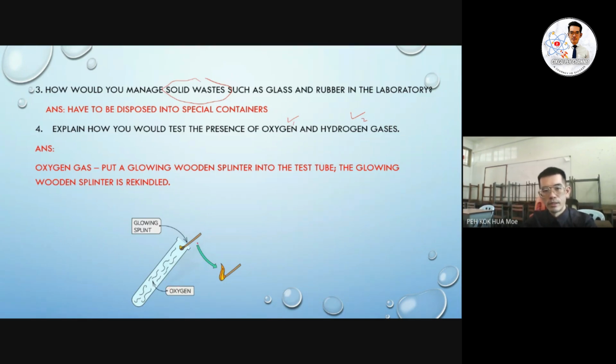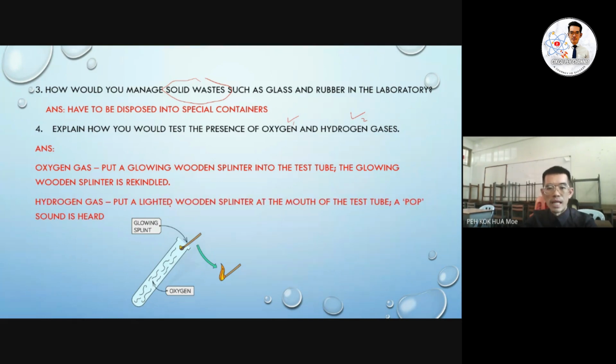This is the answer for the test of oxygen. For hydrogen, we use a burning splinter: put a lighted wooden splinter at the mouth of the test tube and a pop sound will be heard. This is the basic knowledge you have to know before you go further in Form 4 chemistry.